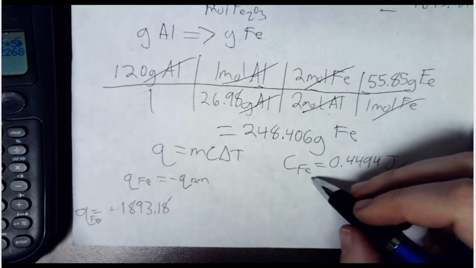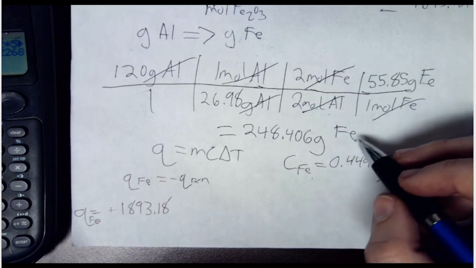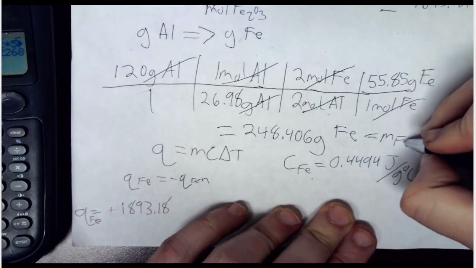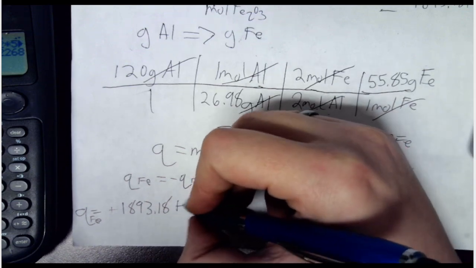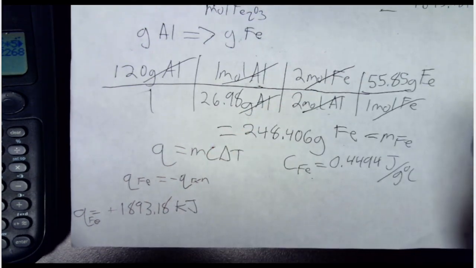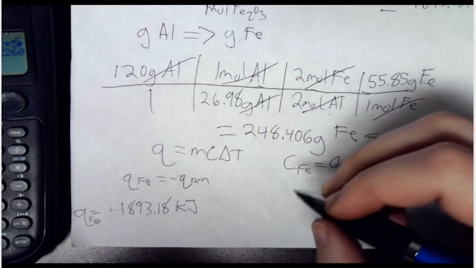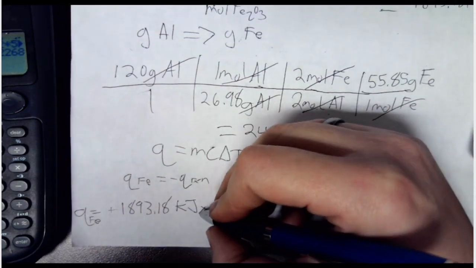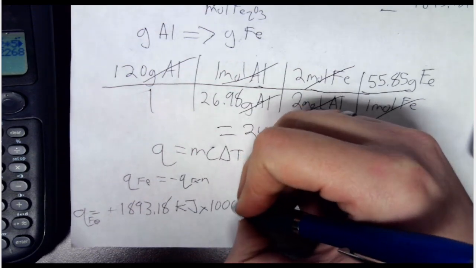We already have the C of the iron, and we have the mass of the iron right there. Now the only problem is that this is kilojoules, and this is joules, so we have to turn that into joules.